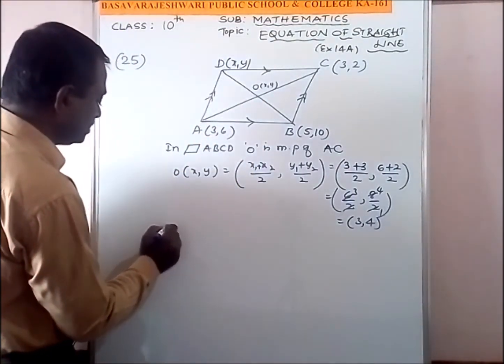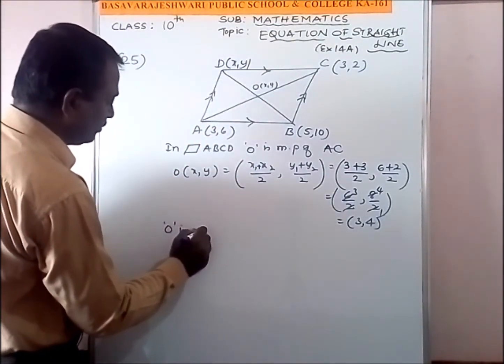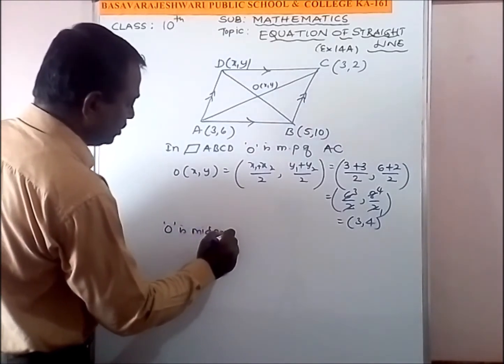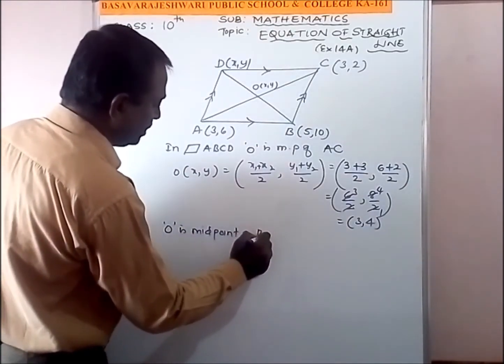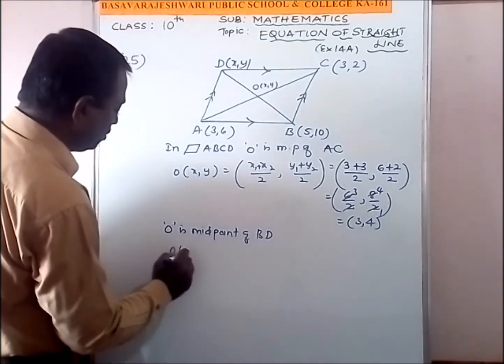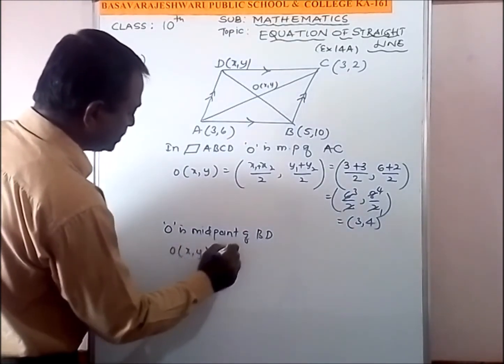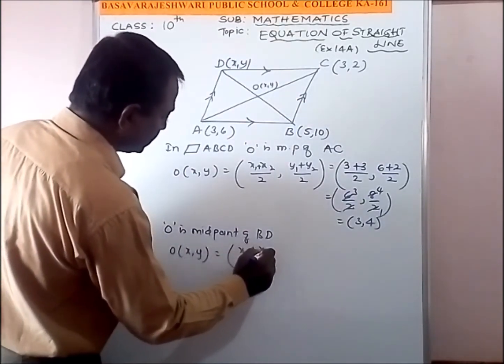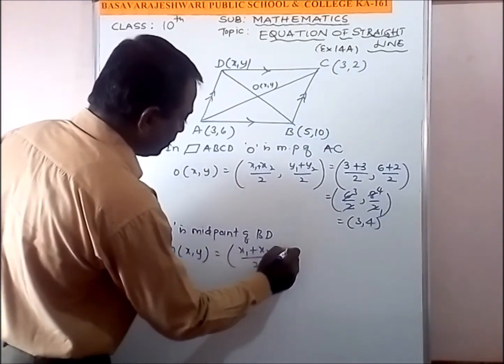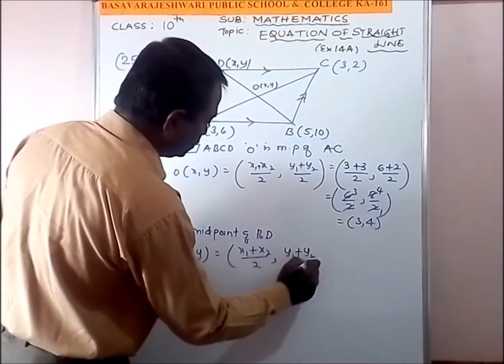O is also the midpoint of BD. So therefore, O of (x, y) is equal to ((x1 plus x2) by 2, (y1 plus y2) by 2).